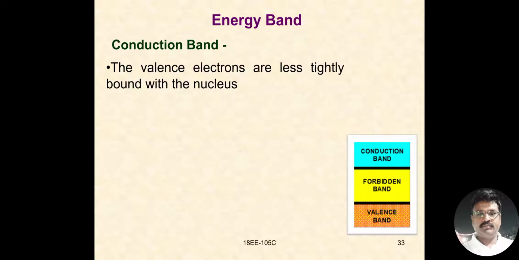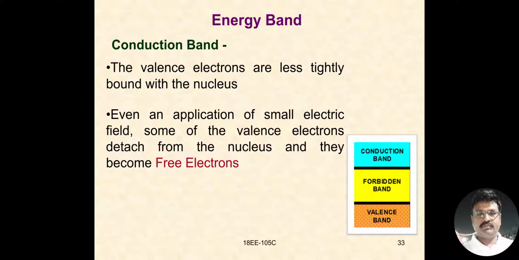Conduction band. The valence electrons are less tightly bound with the nucleus, as these valence electrons are present in the outermost orbit.